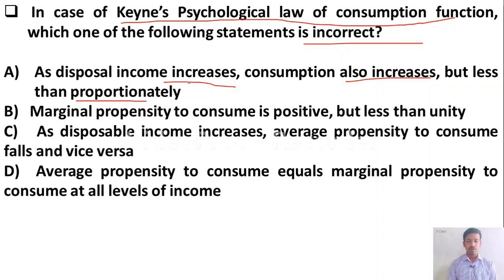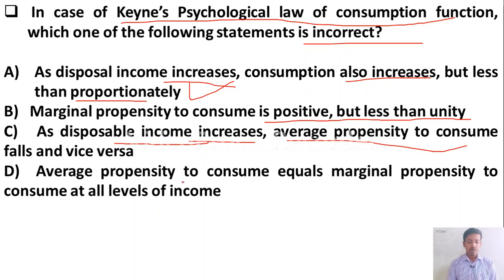Yes, it is absolutely true regarding the psychological law of consumption. Then option B, marginal propensity to consume, means MPC, is positive but less than unity. Option C, as disposable income increases, average propensity to consume APC falls and vice versa. Yes, as disposable income increases, APC falls and vice versa.